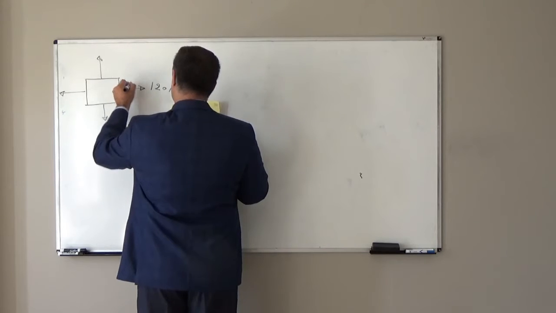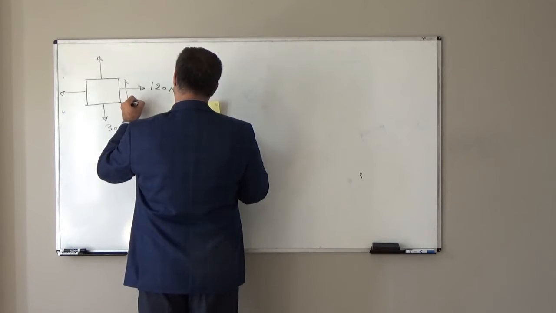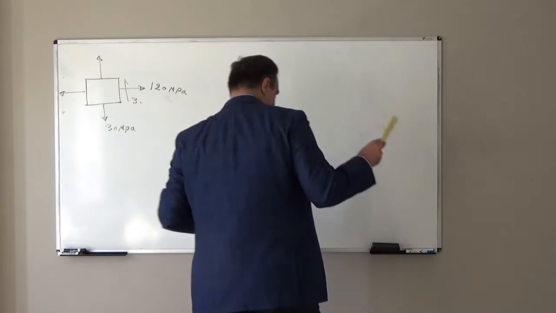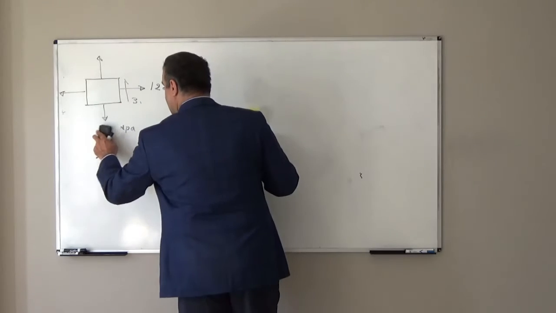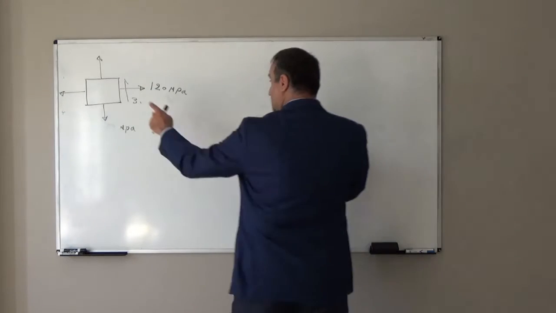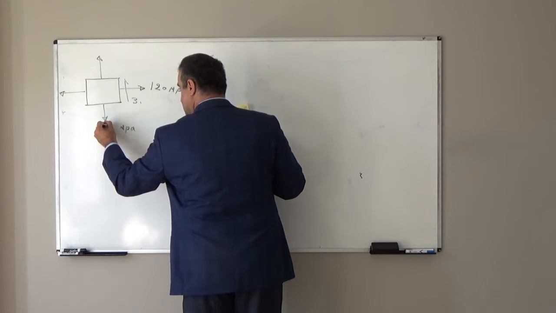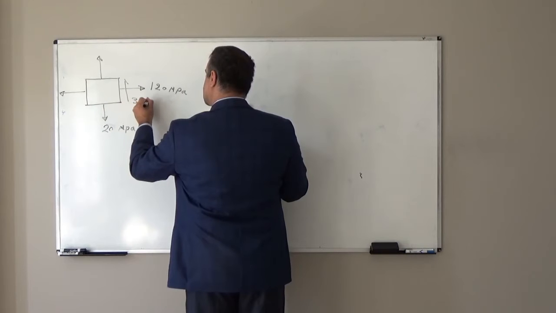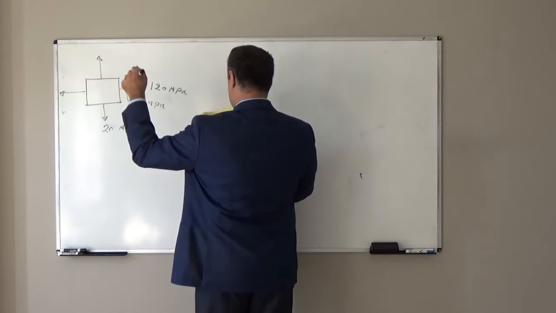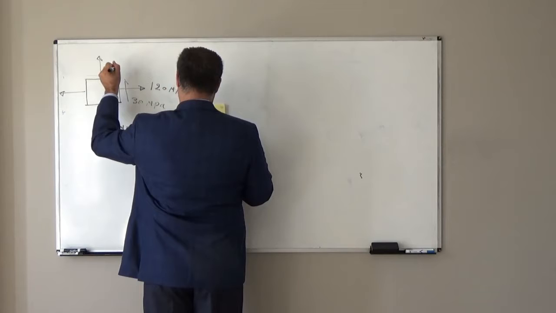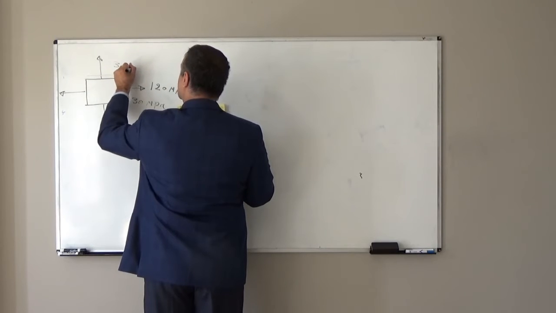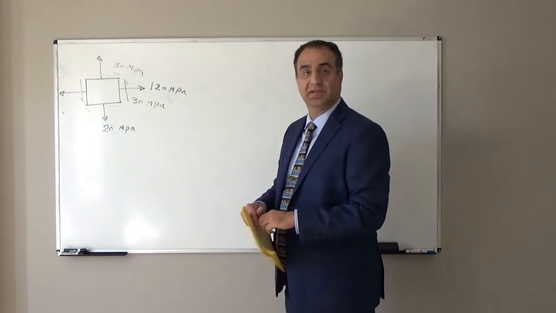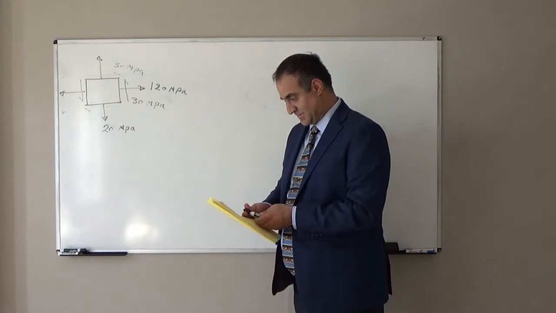Shear stress here in the x face, let's see, sorry, this should be 20 megapascal, so 120 megapascal, this is 20 megapascal, and shear stress is 30 megapascal, so it is 30 here in this direction, 30 megapascal, and the other side will be equal and in the opposite direction.